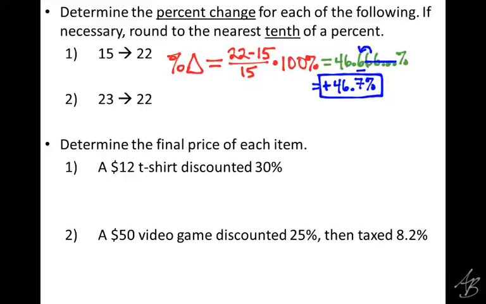If we set up the other one the same way, we get percent change equals new number is 22 minus the old number is 23 divided by the old number 23 times 100%. And that gives us another decimal. What do we get for that one?